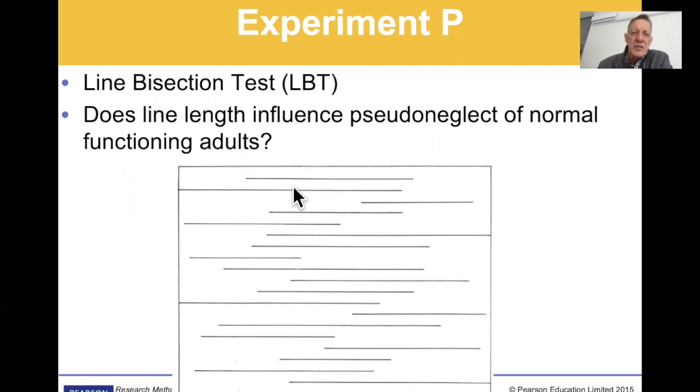And as you can see, some of the lines are left, some of them are right, some of them are long, some of them are shorter. So they go through this. And what happens is that we measure the deviation from the center, whether it's left or right, to see whether pseudo-neglect is visible or actual neglect.